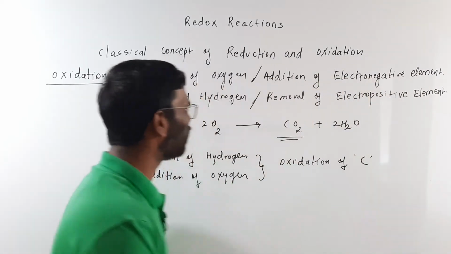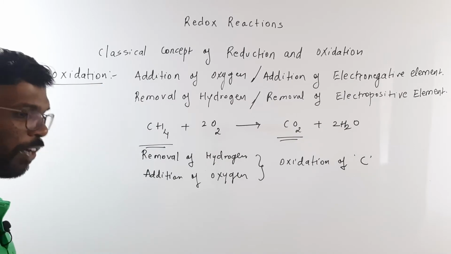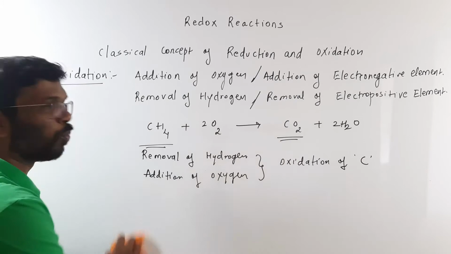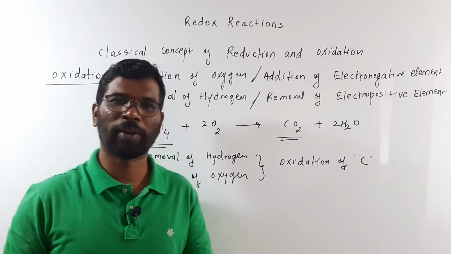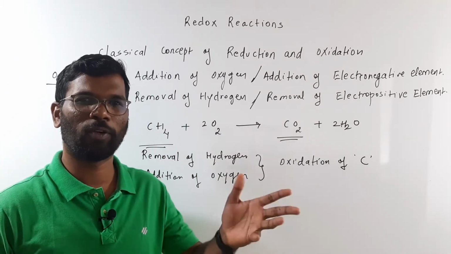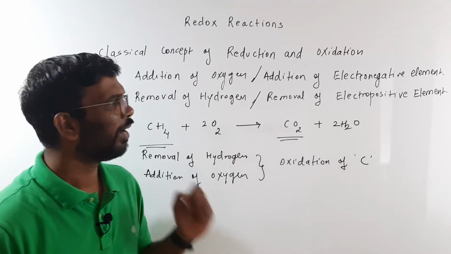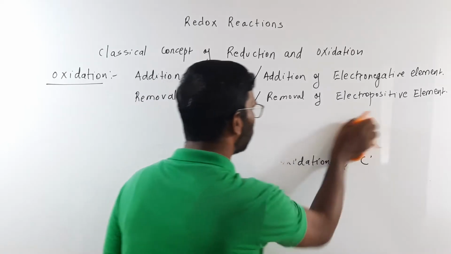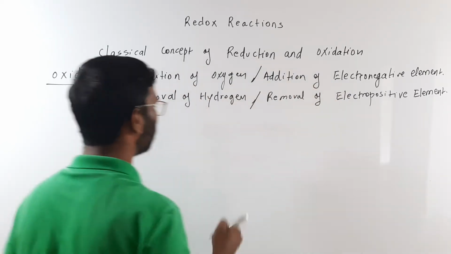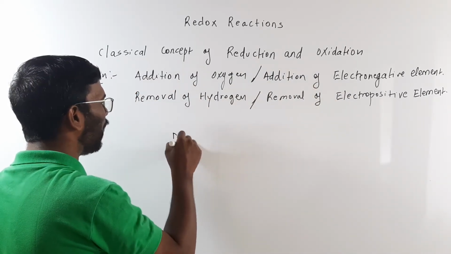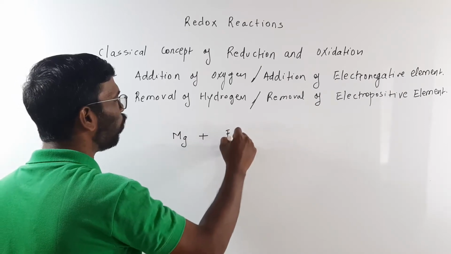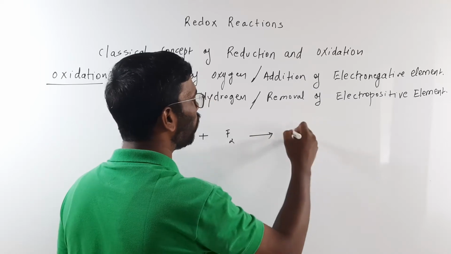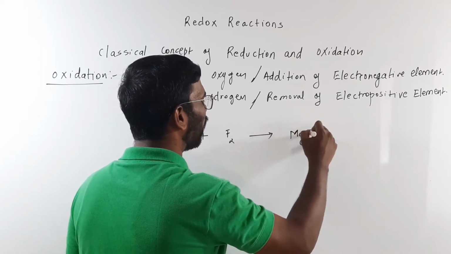The next definition is about the electronegative element. Which are the most electronegative elements of the periodic table? These are the halogens like fluorine, chlorine, bromine, iodine. Let's try to react magnesium with fluorine. Fluorine will always exist as F2, a diatomic molecule, and you get MgF2.